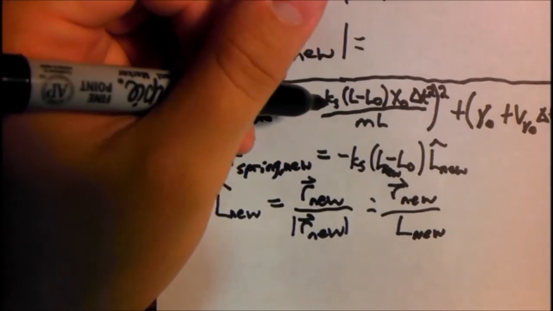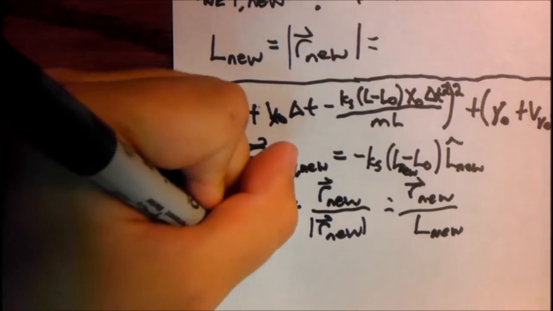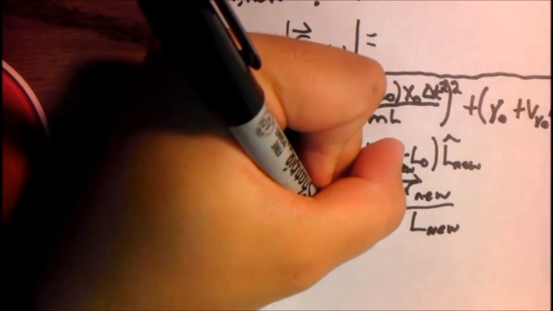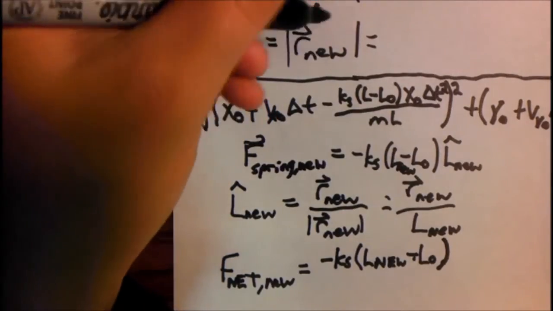So finally, substituting everything back into the equation, we find F net, new equals negative Ks times (L new minus L naught) multiplied by L new hat, which is the same thing as r new all over L new.